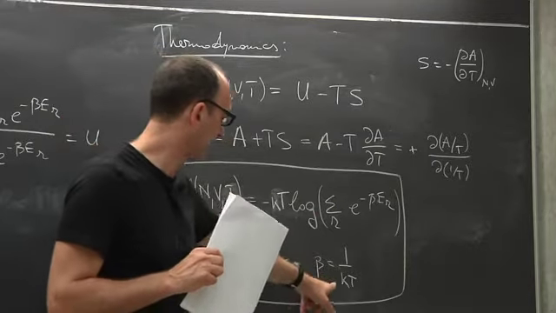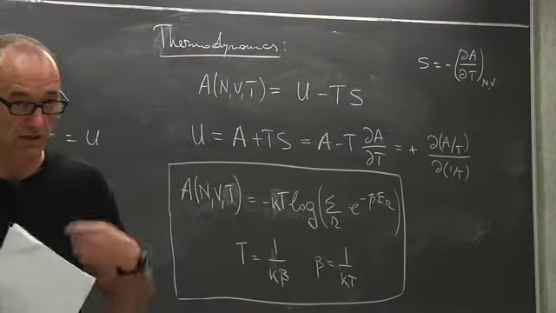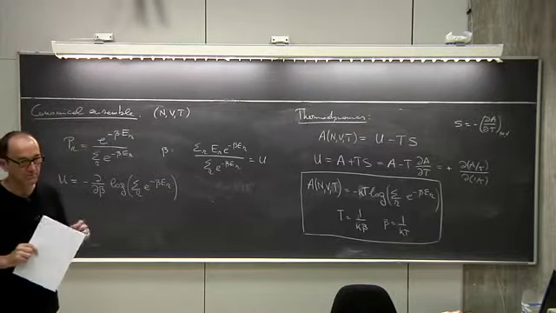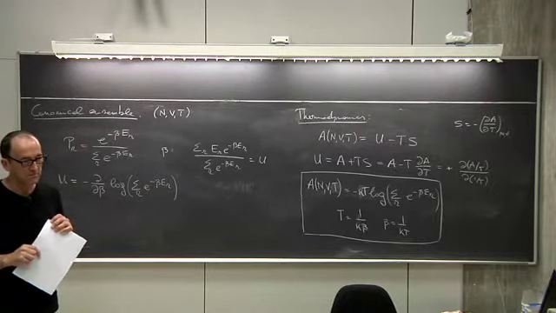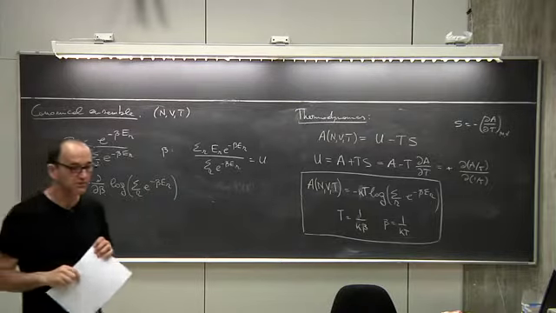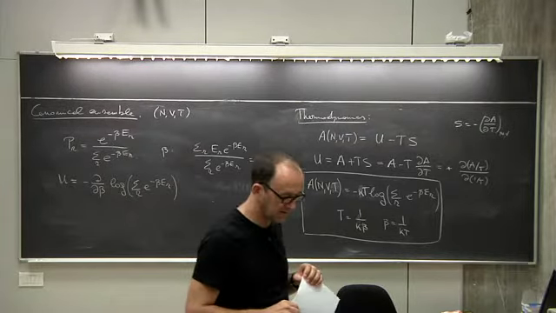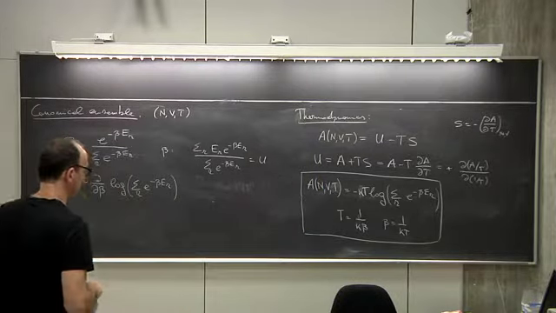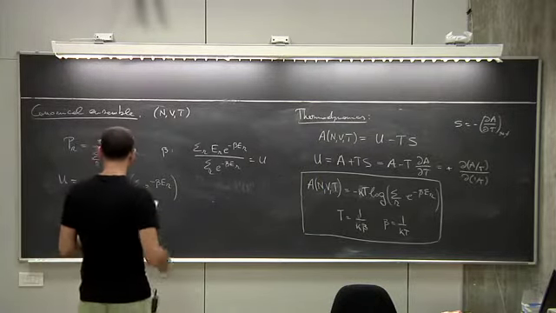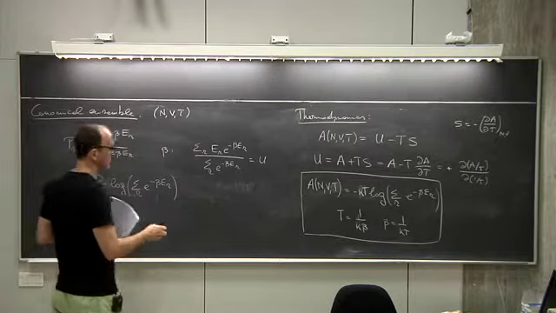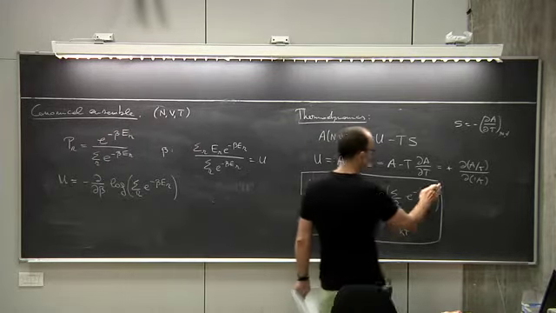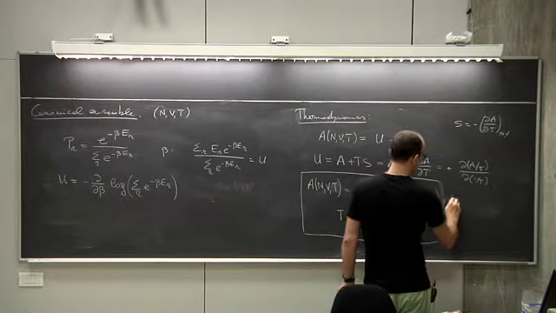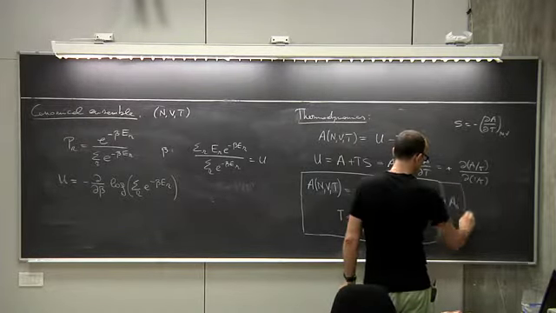And this beta should be interpreted as 1 over k times the temperature. Okay? We can also add an arbitrary constant here.